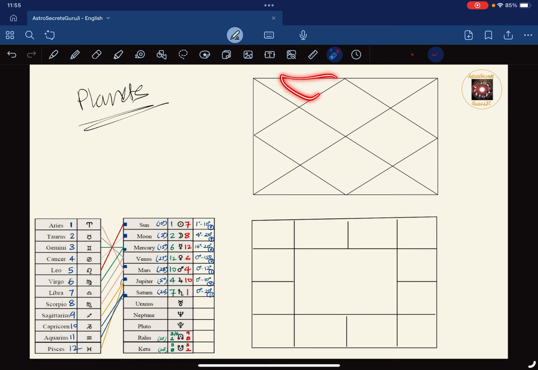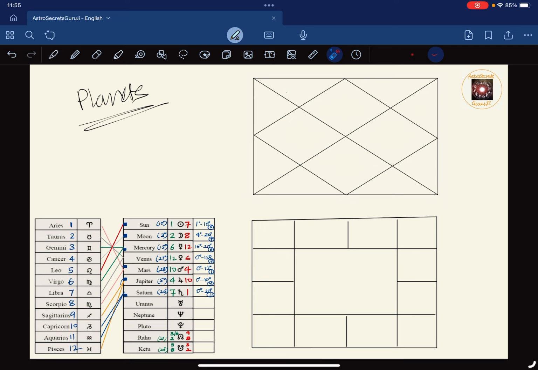Similarly, if there are two benefic planets sitting and then you have a malefic in between, the results for the malefic planet are also going to be positive. So now what do we mean by benefic planets by nature, which planets are benefic basically? We have Venus as a benefic planet, we have Jupiter as a benefic planet, right?